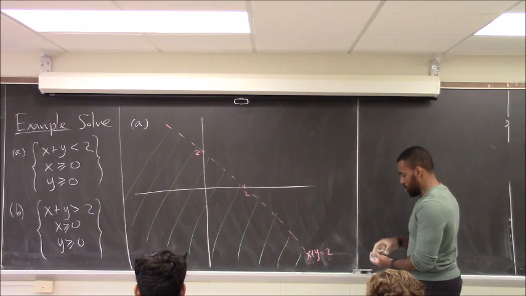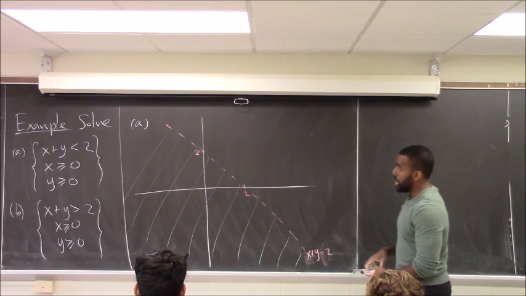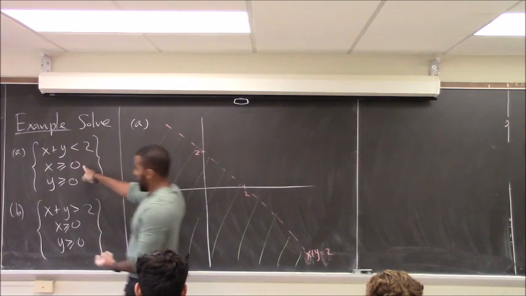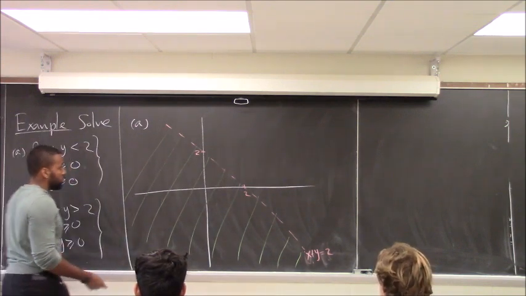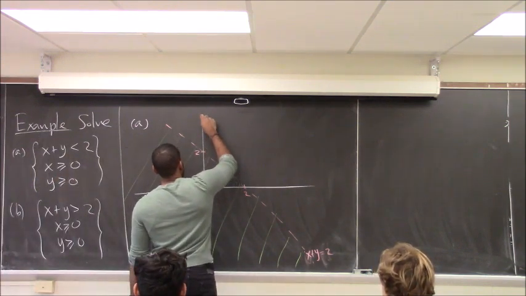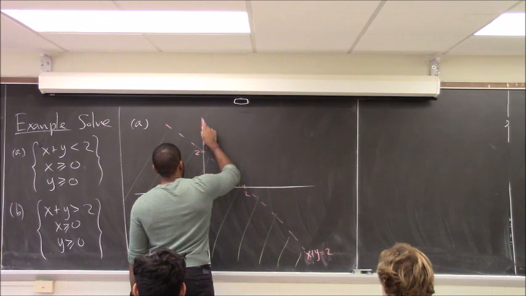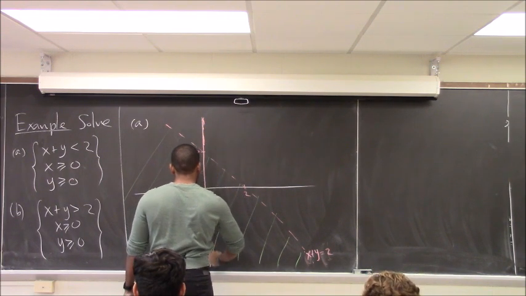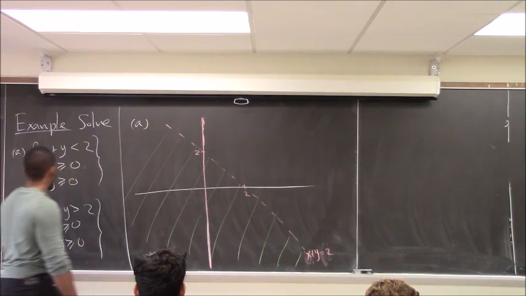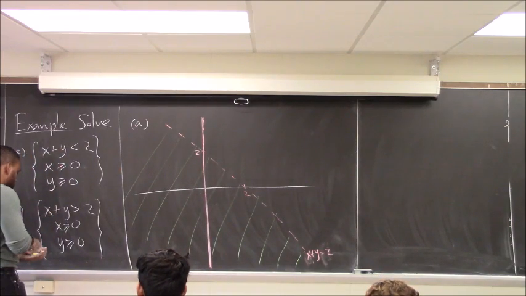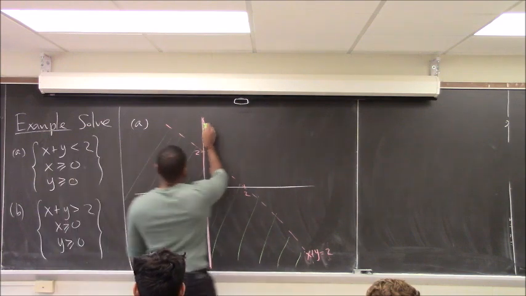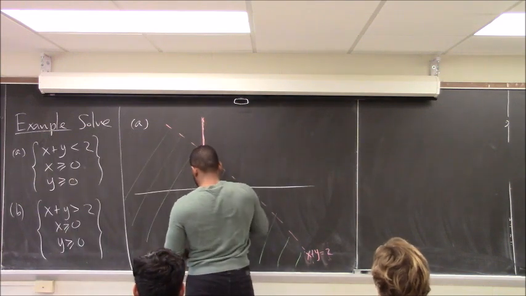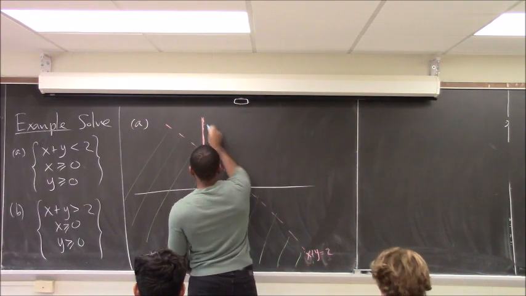Then I'm going to do x equals 0. Now x equals 0 is the y-axis. And it's actually equal, so I can draw a solid line just right on top of the y-axis. And I want x to be greater than 0, so the solution there is going to be everything to the right.